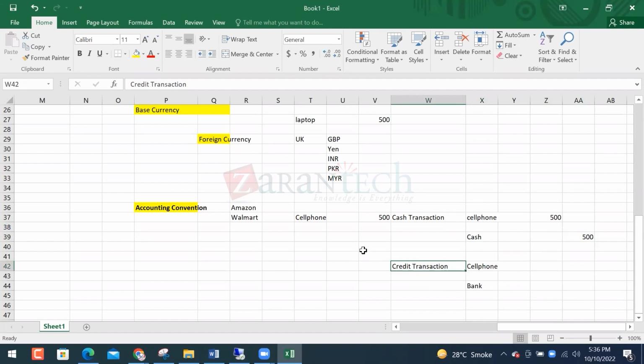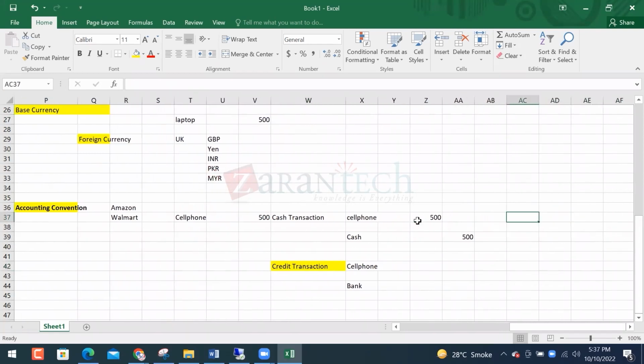So 90% of businesses go for credit transactions. Here you have to decide whether you are accepting credit transactions, cash, or both, or whether the majority of transactions are credit. Normally a trust where you give some donation or charity has only cash transactions. They accept only cash.